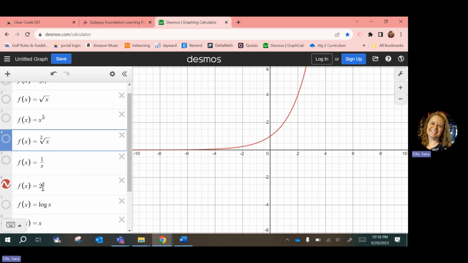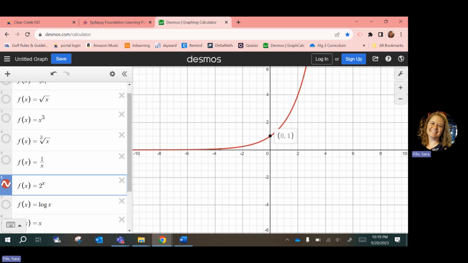We did that in our notes as well. So we're going to type in 2 to the power of x. So I can see I cross the y-axis here at 0, 1. And this is the one that is approaching the x-axis on the left, and it looks like it just levels out at it, but it never reaches. Okay, this is indicative of an asymptote here.